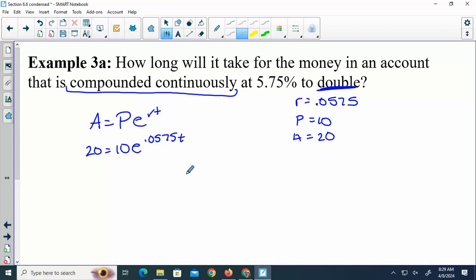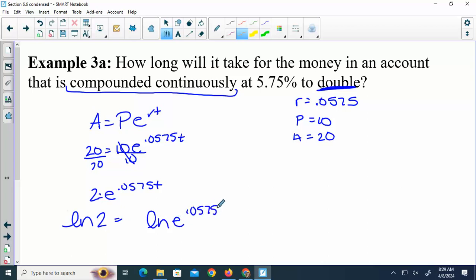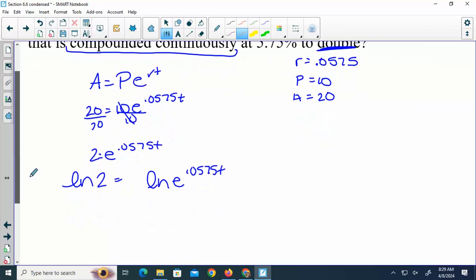What do we do first? So 2 equals E to its power. Add our natural logs. Natural log of E cancels.